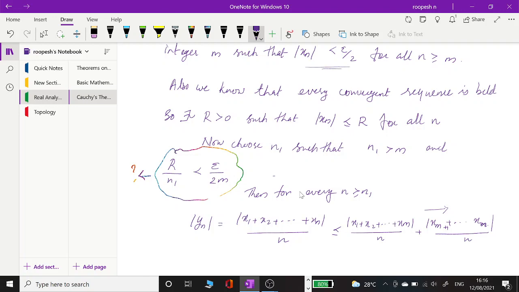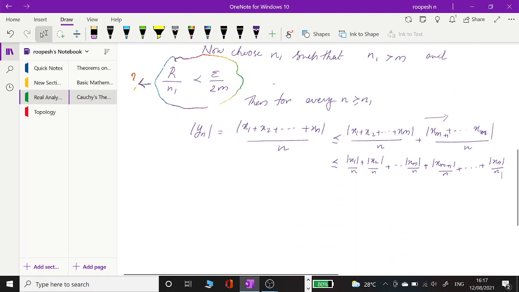Now this value is less than or equal to, I can split it further: mod x1 by n plus mod x2 by n plus etc. plus mod xm by n plus mod xm+1 by n plus etc. plus mod xn by n. Now from here onwards, I can use that quantity.